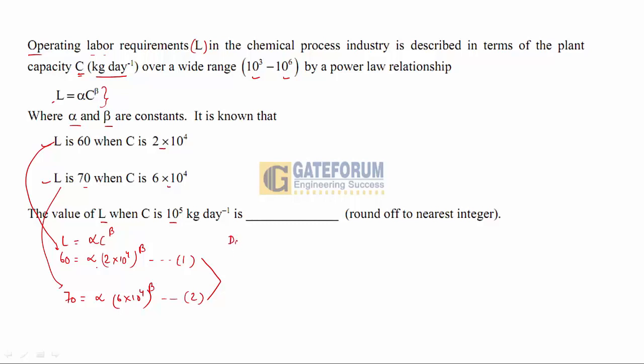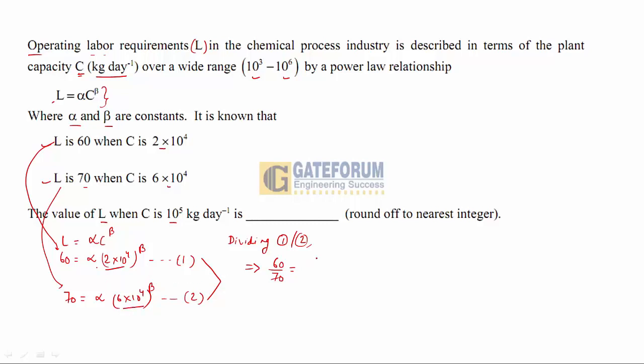So what we can do is divide 1 by 2. So we are dividing these two equations. So what will we get? 60 by 70. Alpha divided by alpha will be cancelled. So what will remain? 2 into 10 power 4 divided by 6 into 10 power 4, whole to the power beta.